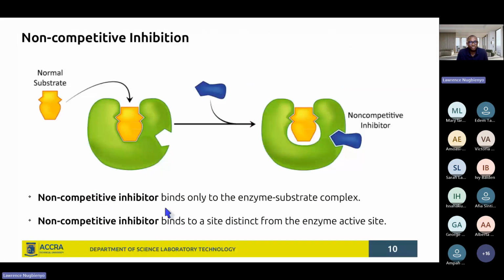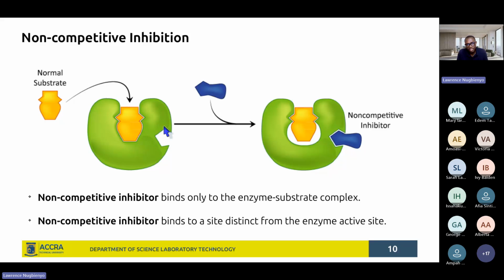Then we also have what we refer to as non-competitive inhibition. In this instance, you have the substrate binding to the active center, all right, but you have the inhibitor binding to not the active center, but to another site on the enzyme, usually referred to as an allosteric site, where you have the inhibitor binding to that enzyme substrate complex.